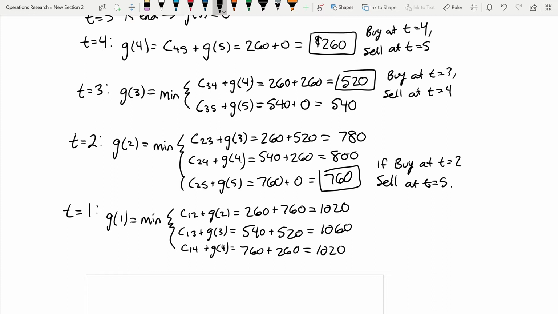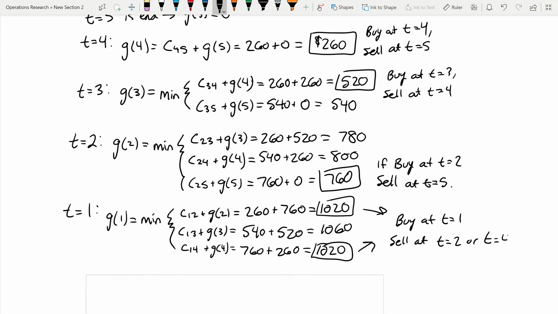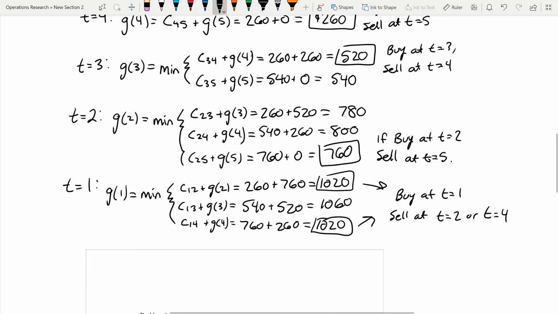So now we actually have two minimums because they're both equal to 1020, which basically means that if we buy at year 1, we can sell at either T2 or T4, and it's going to be the same minimum cost for us.